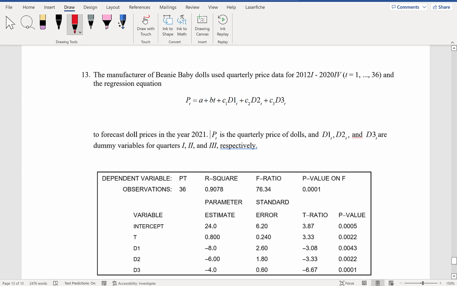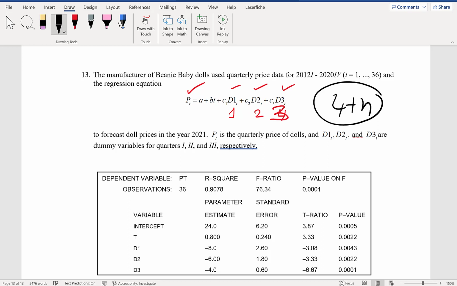PT is the quarterly price of dolls. D1, D2, D3 are dummy variables for the first, second, and third quarters. My brain was going to the fourth quarter. For the fourth quarter, all these dummy variables take on a value 0, and D1 takes on a value 1 only for the first quarter.